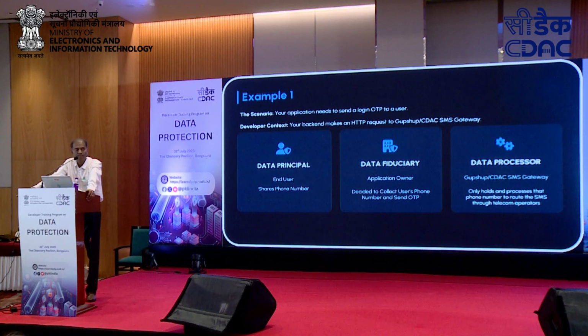Now they are sharing this data with the data processor, because the data processor has to send the OTP to you through their gateways. What they do is they hold and process that phone number to route the SMS through the telecom operator.